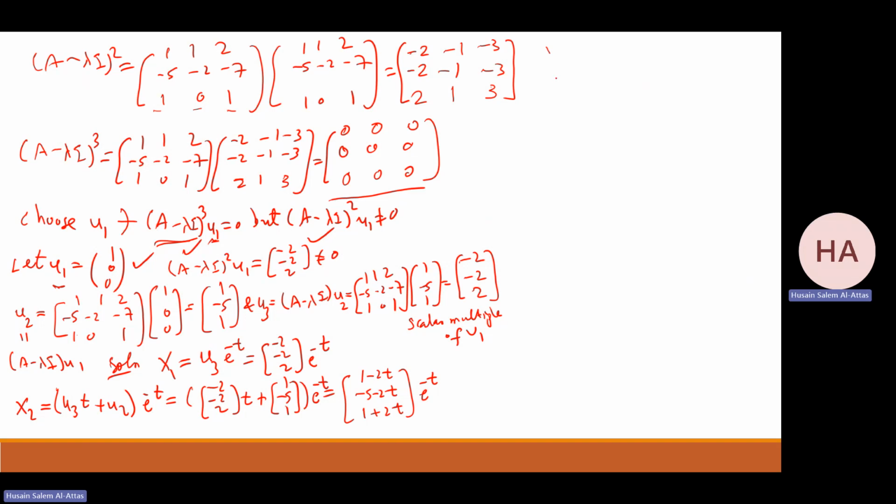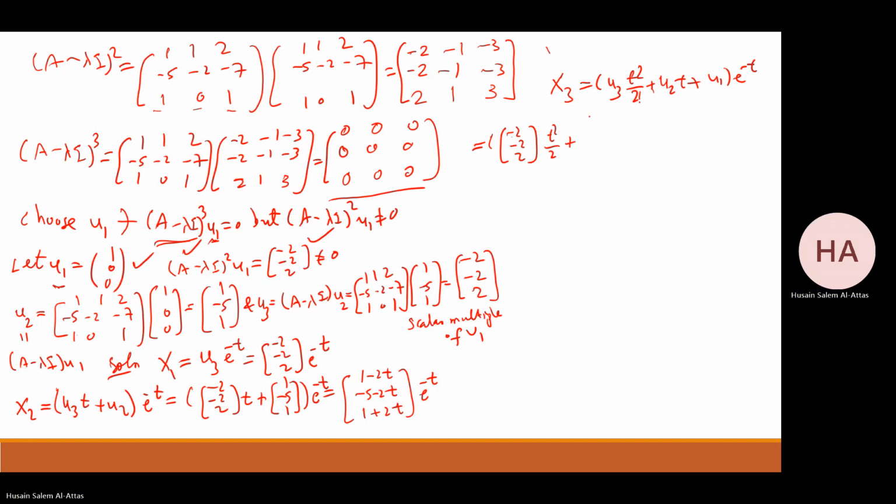Now x3 will be U3 t squared over 2 plus U2 t plus U1 (the factorial will not make a difference), e to the minus t. Yeah, be careful here. What is U3? It is minus 2 minus 2, 2, times t squared over 2.